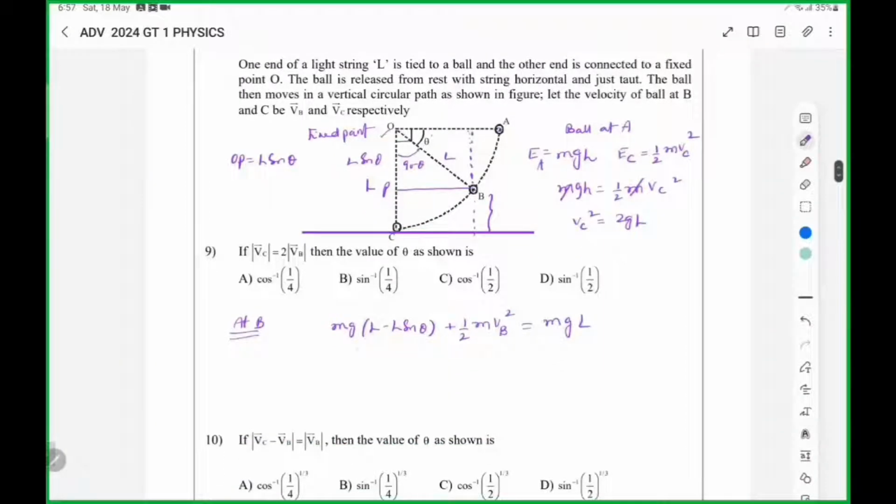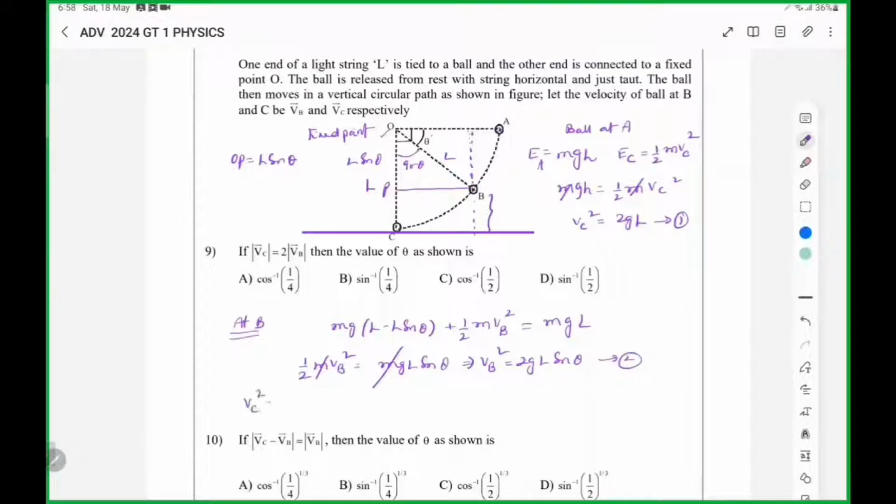So now half m Vb square is equal to mgL sin theta, as mgL gets cancelled. So I can say Vb square is 2gL sin theta. Say it is equation 1. Say it is 2.